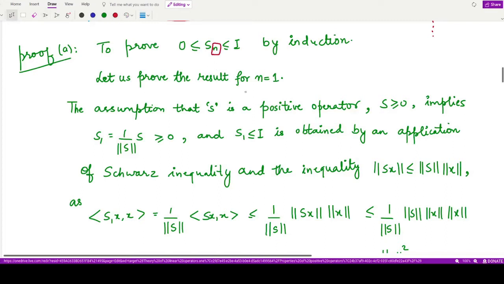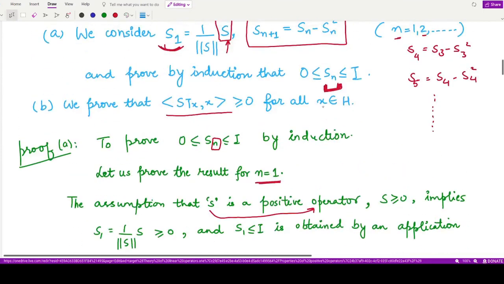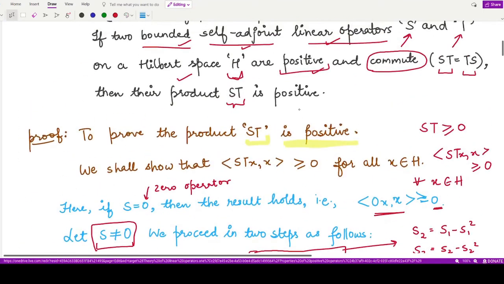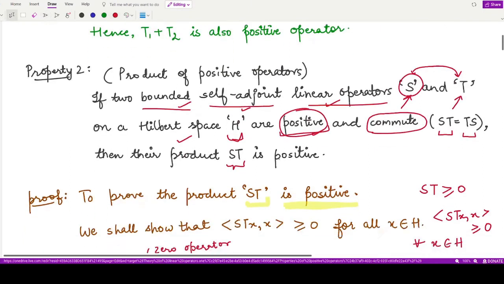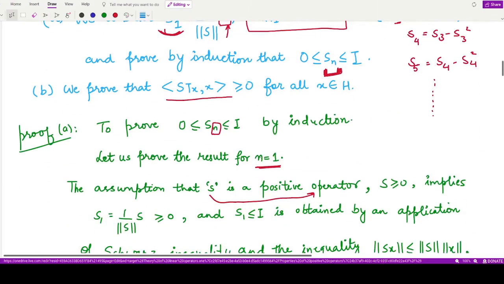Whenever n is equal to 1, the result holds. Let's see how. S is a positive operator. We already know S is given to be a positive operator at the very start of this result. That is a given assumption for this proof.